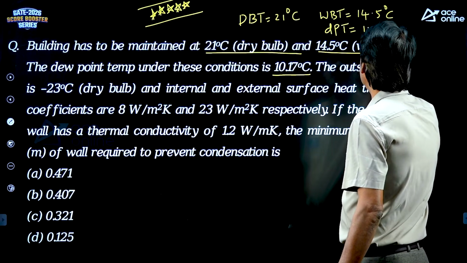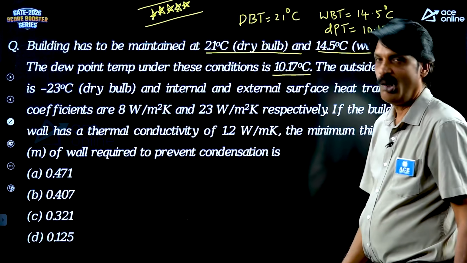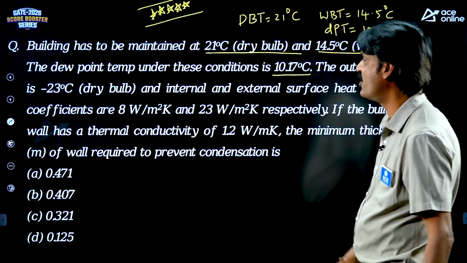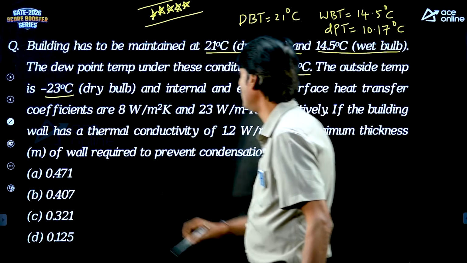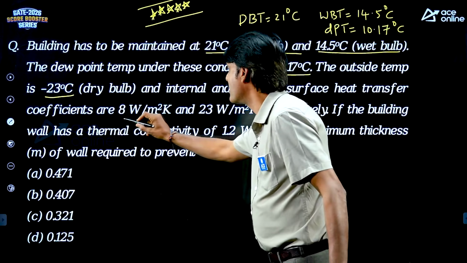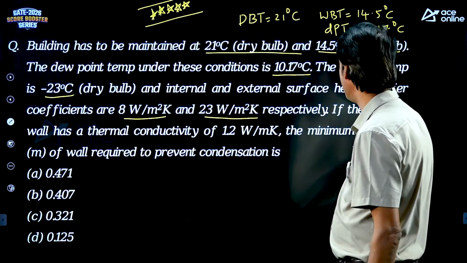Dew point temperature is 10.17 degrees centigrade. Outside temperature is minus 23 degrees centigrade, T infinity naught. Internal and external surface heat transfer coefficients are 8 and 23, hi and h0 respectively.